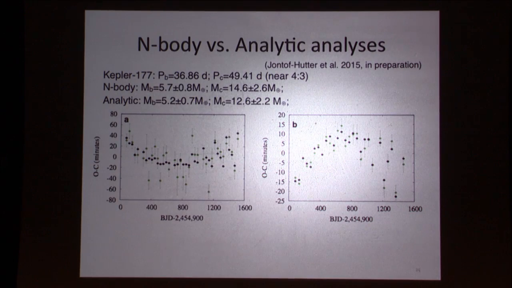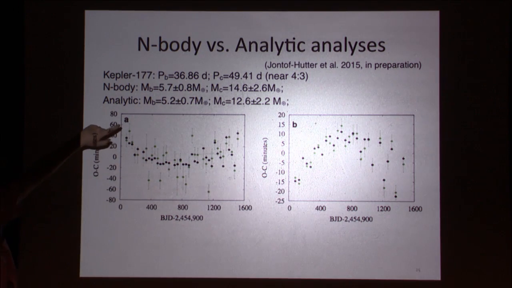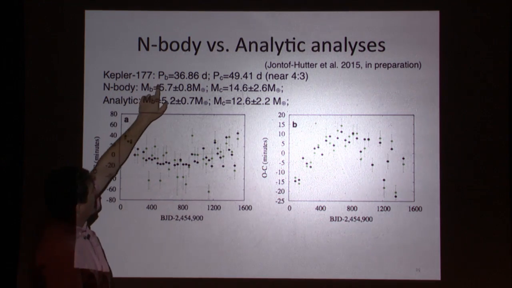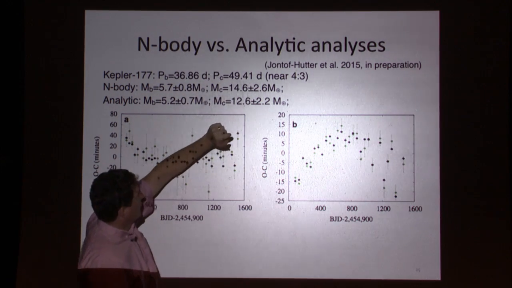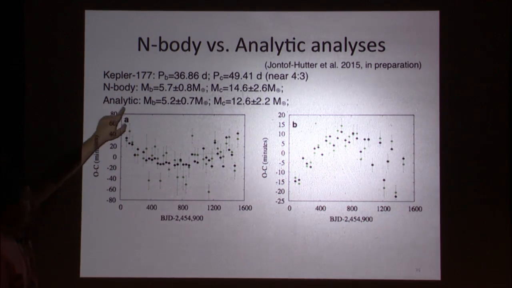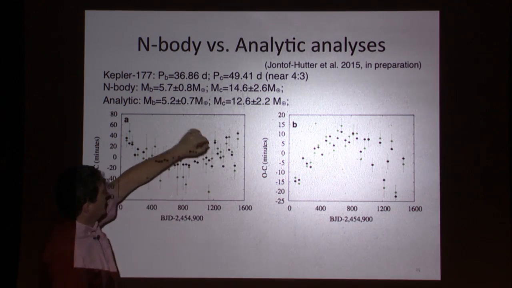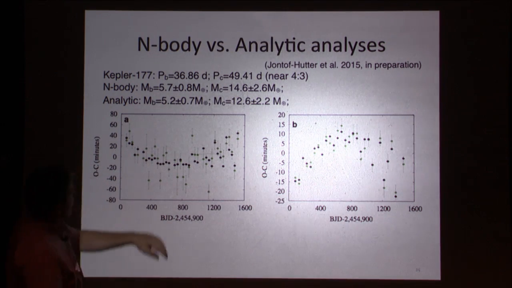Okay, and so we've now applied this to some other Kepler systems which show more than one frequency. This is in a paper that's probably going to appear on the arXiv in the next couple of weeks, I hope, of Kepler 177, period of a transiting planet almost 7 days, and 49 days. N-body gives masses around 6 Earth masses and 15 Earth masses for the two planets. The analytic gives 5 and 13 or so.